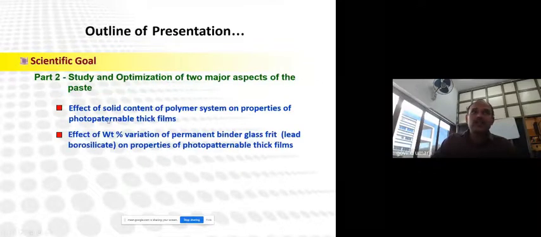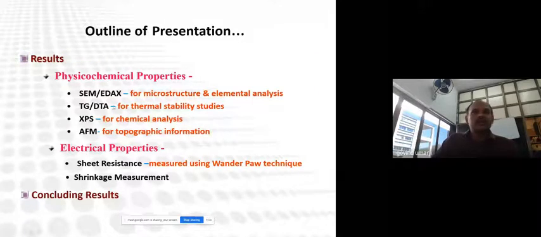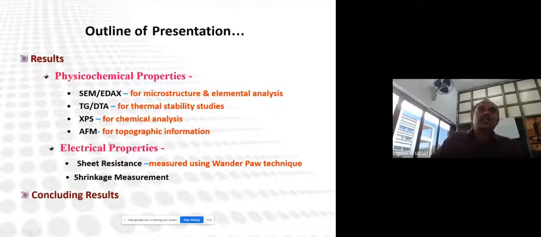In the second part, we have to optimize two major aspects. One is its organic solid content, and second is its inorganic permanent binder, that's glass. Then there are physicochemical characterizations like SEM, TG, XPS, AFM. Each has its own advantage to understand this. Then electrical properties, sheet resistance, shrinkage properties, then concluding.